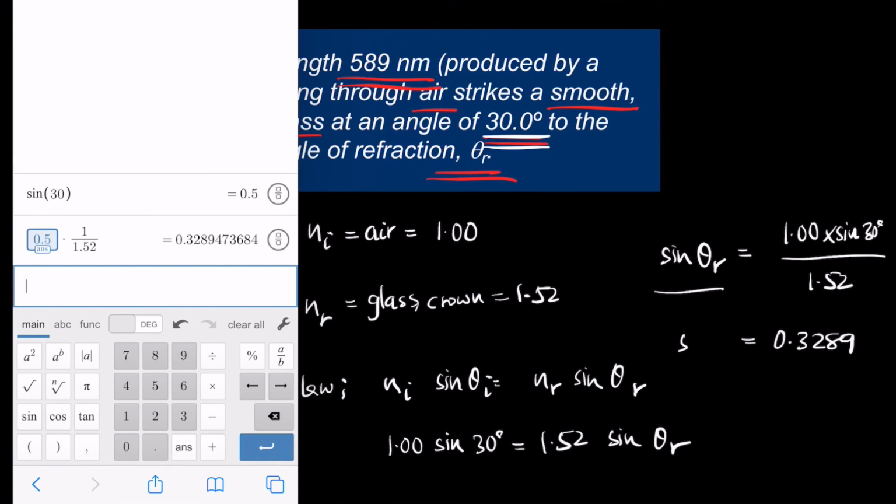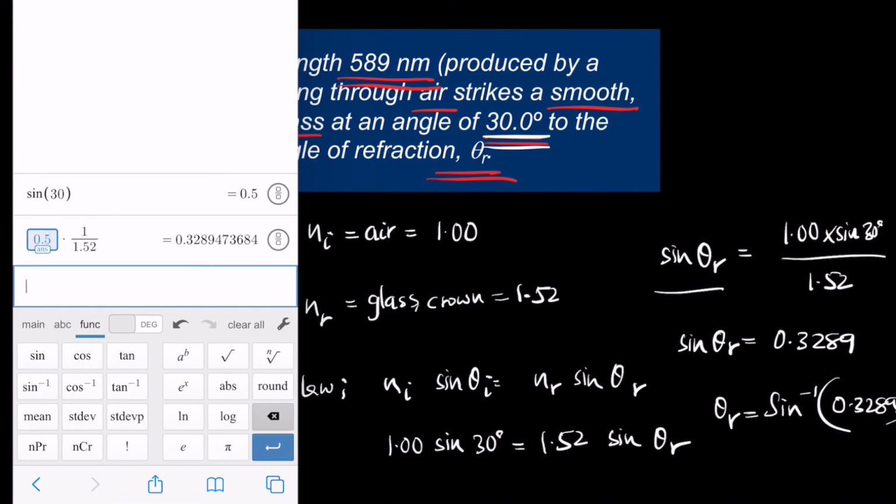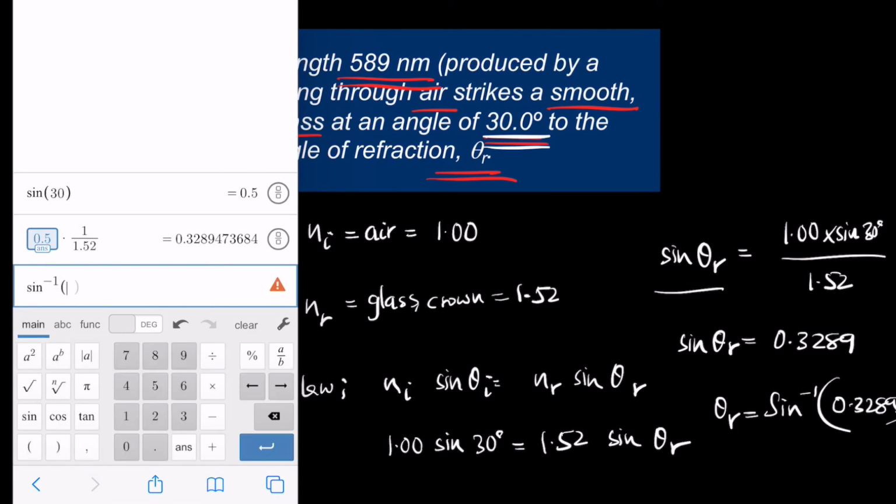That gives you a value of 0.3289. This is sine theta R, but we want theta R. When sine goes to the other side, it becomes sine inverse of 0.3289. Just press on functions and you will notice that sine inverse is here. Click on sine inverse and write down the value, 0.3289.